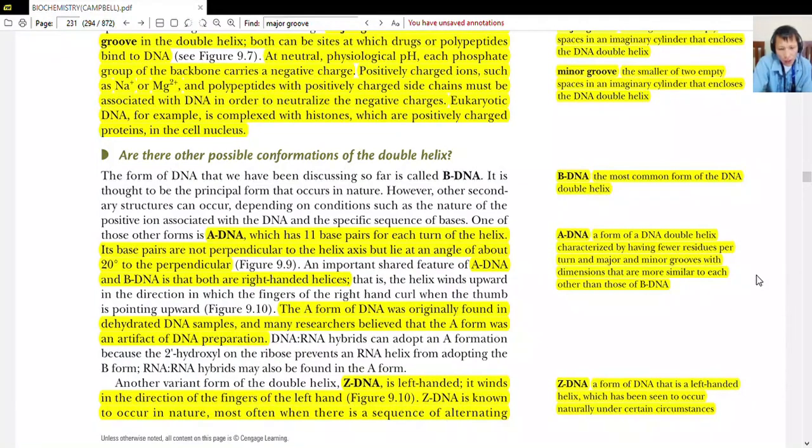So how do they look like? Of course, next pages. aDNA is a form of DNA double helix characterized by having fewer residues. Fewer residues means if you chug down the nucleic acid, if you break it, the aDNA has fewer residues, meaning it is looser, while the bDNA is more compact, though this is not really about compactness but the number of residues.